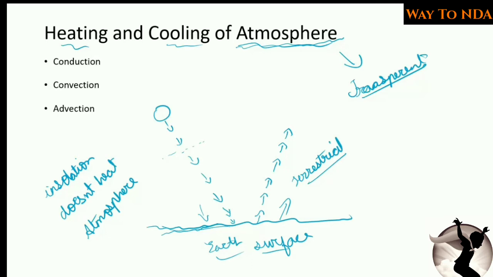The main thing behind this is that the radiation which is radiated by the sun is of short wavelength, and the radiation which is radiated by the earth, that is the terrestrial radiation, is of long wavelength.